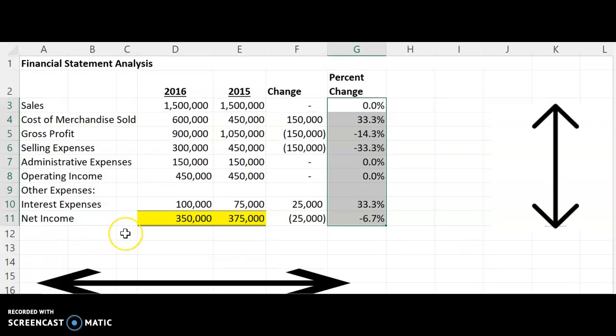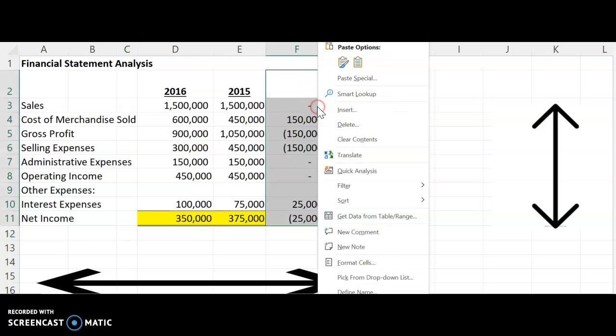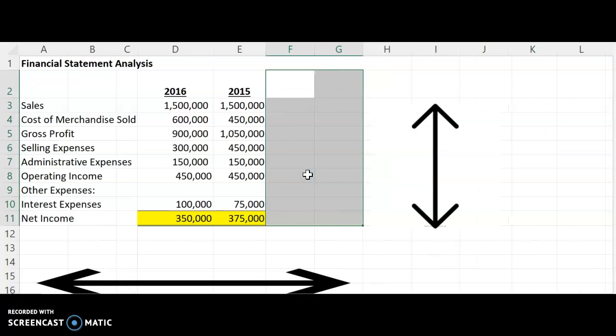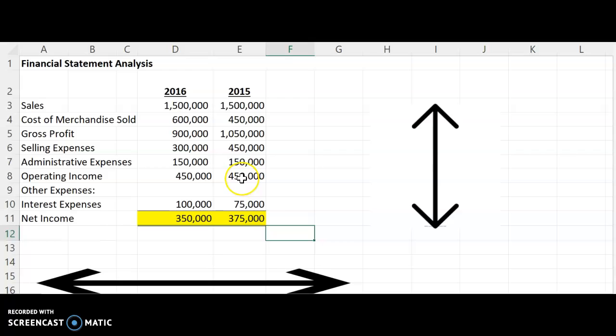Okay, so now let's talk about vertical analysis. So I need to get rid of this. I'm going to do a vertical analysis, so we're going to be comparing items up and down. In a vertical analysis on an income statement, we're going to compare everything to net sales.